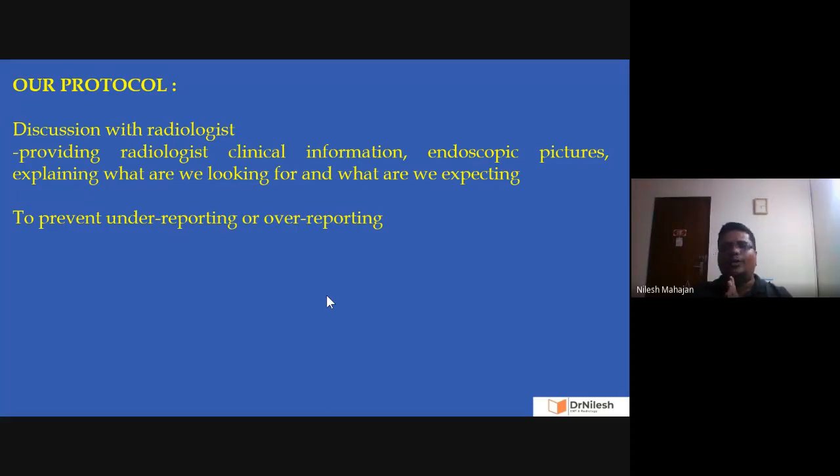Over-reporting means what? Suppose you are sending a patient of glue ear or otitis media with effusion to the radiologist. Now you know if otitis media with effusion is involving the mastoid air cell system, and if the mastoid air cell system is patent, the whole mastoid will get filled up with this effusion fluid. So if they do the HRCT temporal bone scan, everything will be filled up with soft tissue.